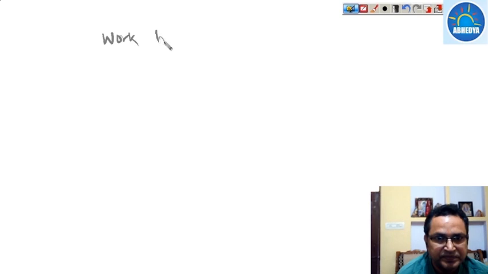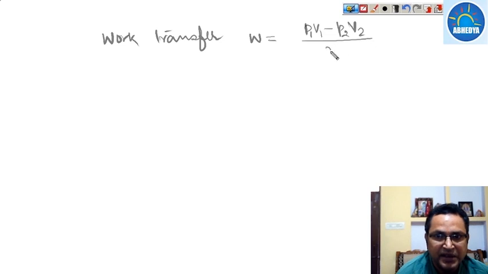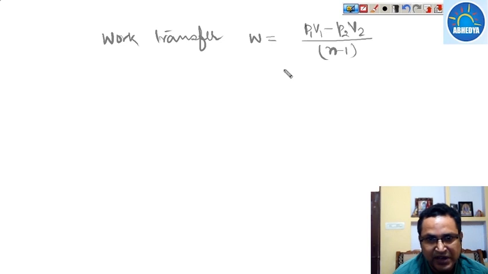Then work transfer. So work transfer W comes to be (P1 V1 minus P2 V2) divided by n minus 1. So initial pressure and volume is known, final pressure is known, volume we have already calculated, n is 1.2 given to us, minus 1. So with the help of this we can easily find out how much work has been transferred.